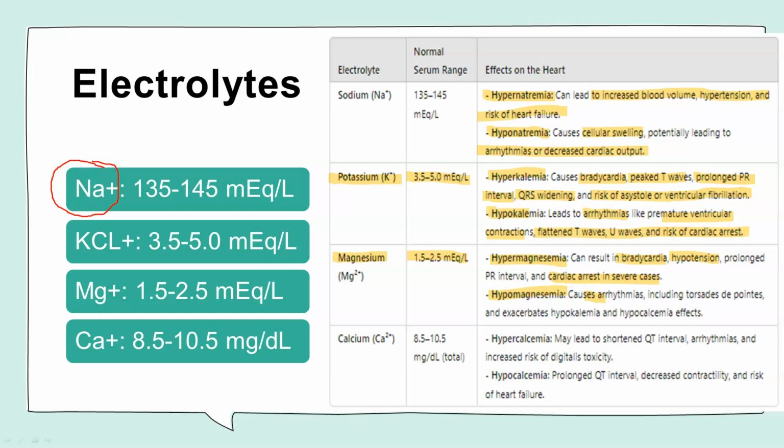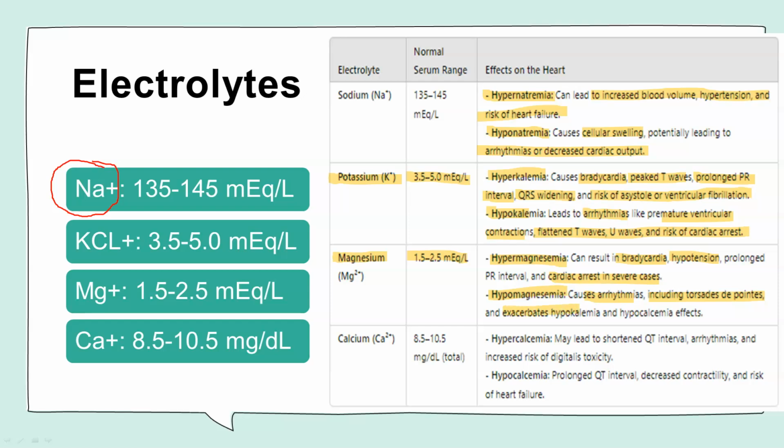Hypomagnesium, again, arrhythmias, including this one called torsades de pointes. We'll talk more about torsades de pointes when we're talking about our dysrhythmias. It's a polymorphic ventricular tachycardia. It's twisty and turny is the way that they're going to talk about it. And you'll see changes in your 12-lead and your telemetry monitor.